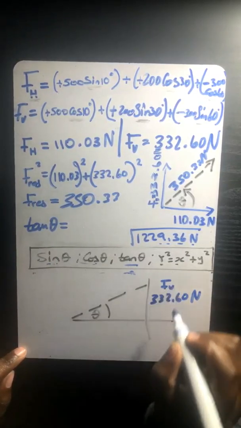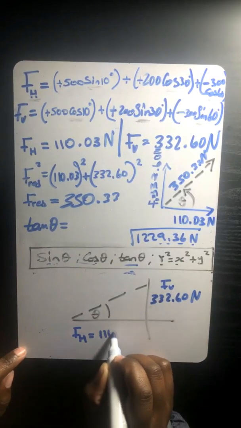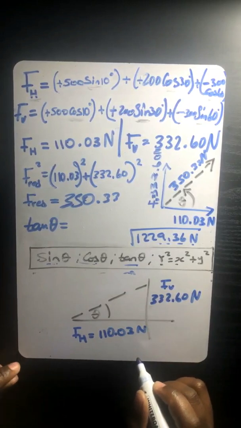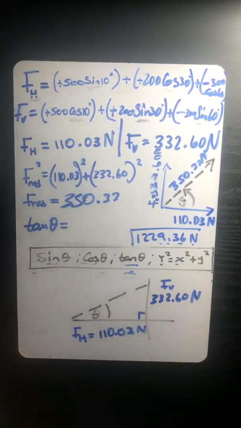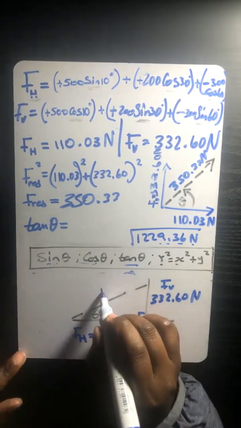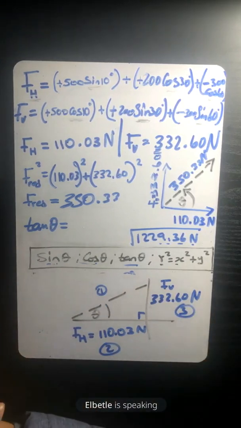Remember, this is your V vertical, and this is F horizontal being equals to 110,03 Newton. So which side is opposite and which side is adjacent? Side 3 is opposite.